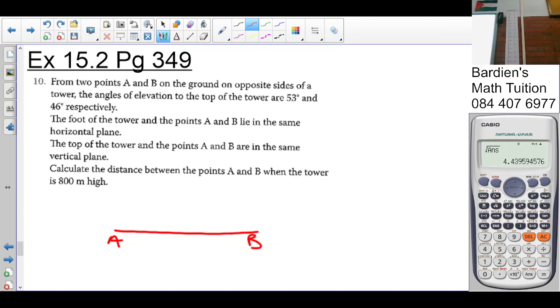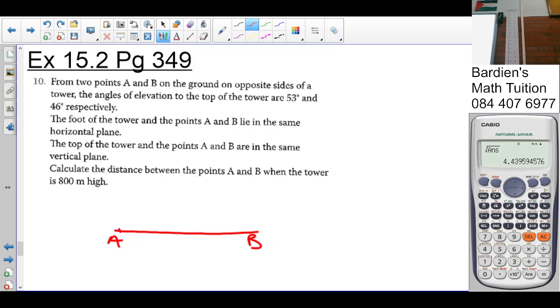From 2 points A and B on the ground, on opposite sides of a tower, the angle of elevation to the top of the tower is 53 degrees and 46 degrees respectively.